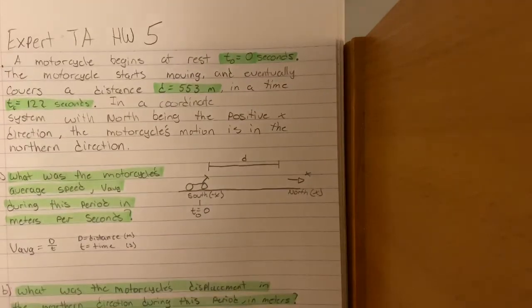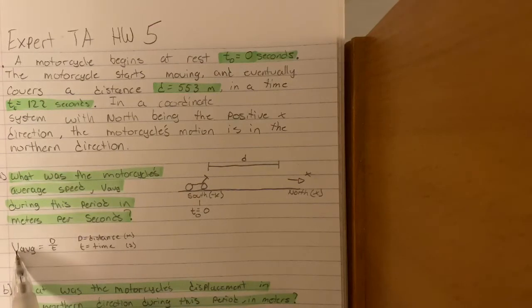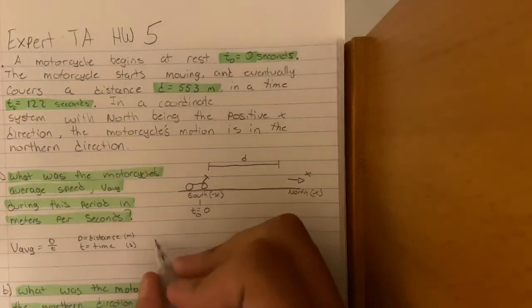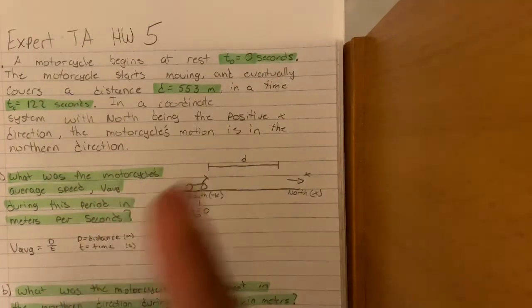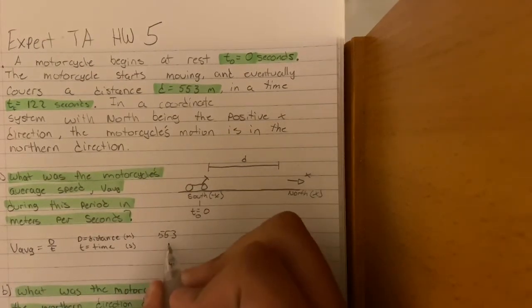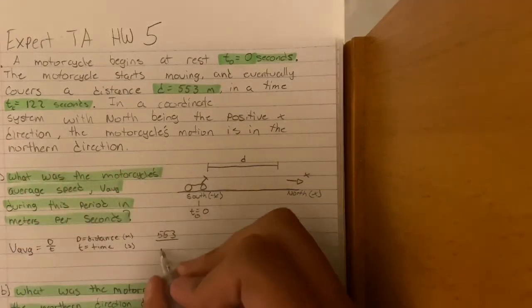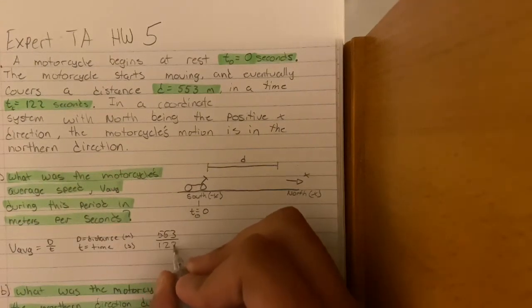And the first question wants to know what was the motorcycle's average speed during this period in meters per second. And so to find that, you take the total distance, which is 553, and then you divide that by the total time in seconds, which is 122.